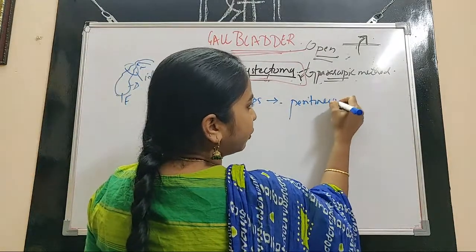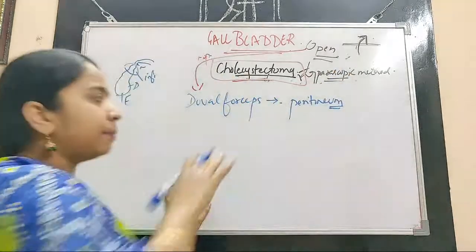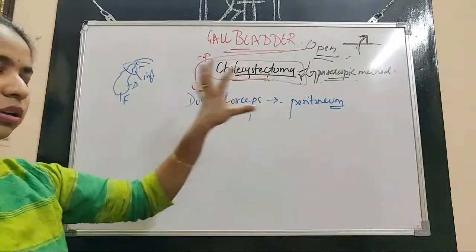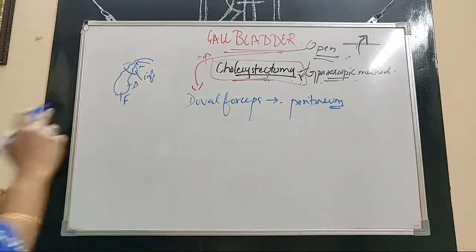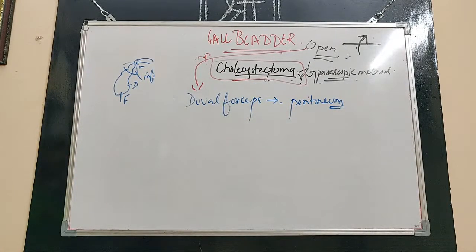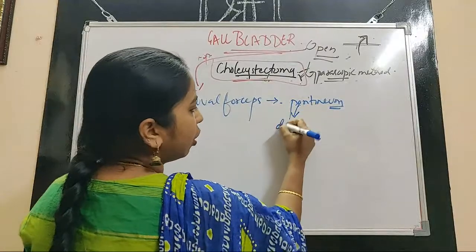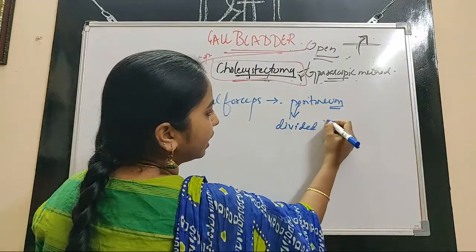Why? To dissect the peritoneum. Even in the laparoscopic method we had dissected the anterior and posterior parts of the peritoneum to access Calot's triangle. So here also, using the Duval forceps, the peritoneum is stretched. Once the peritoneum is stretched, the next thing is it is divided very close to the gallbladder.